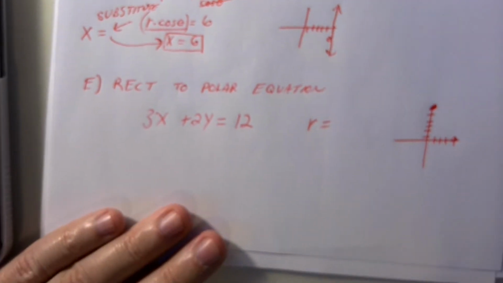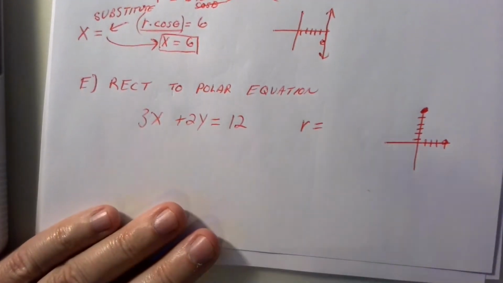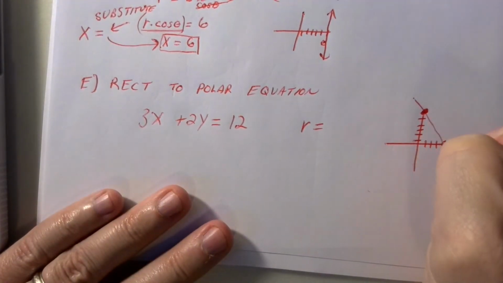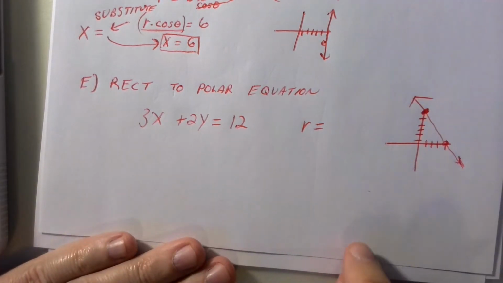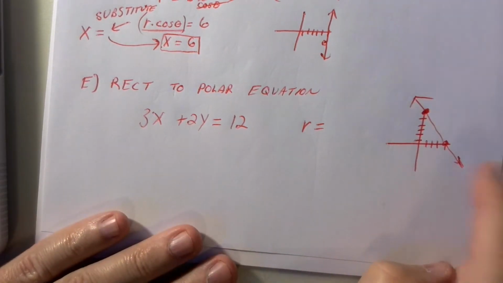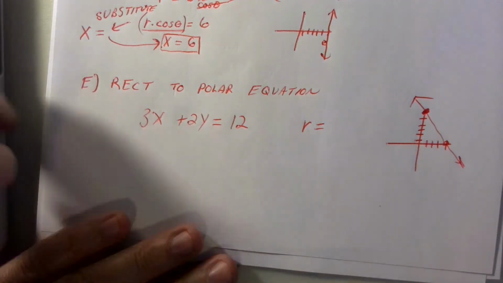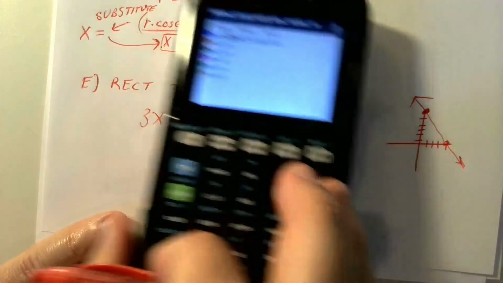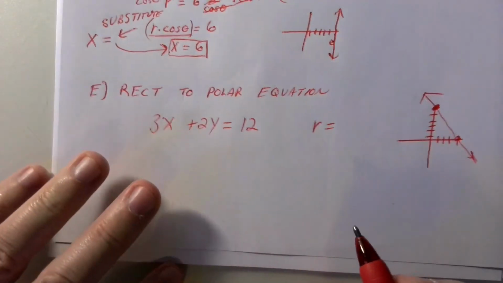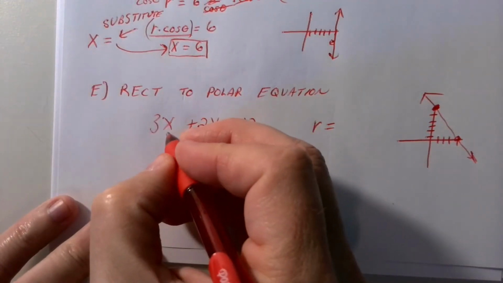And let's focus that again so it's better for you guys. So I know that rectangular wise, this is going to look like this. So I'm going to try and write a polar equation that will draw that line out on this little graphing calculator in the r equals format in just a second. Okay, so let's try it. So what does x equal?